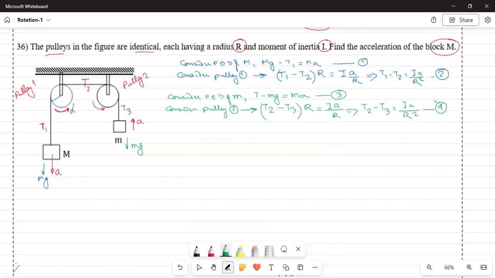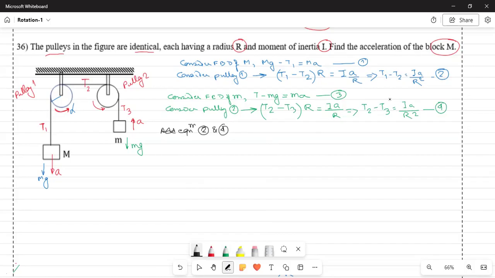Now let's add equations 2 and 4. Equation 2 is T1 minus T2 is equal to I a by R square, and equation 4 is T2 minus T3 is equal to I a by R square.